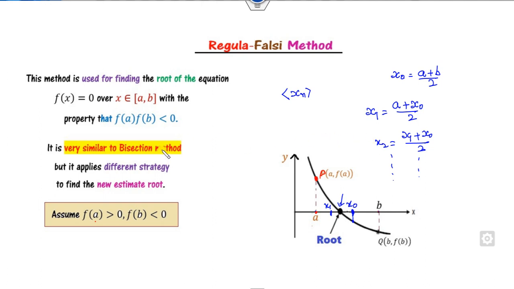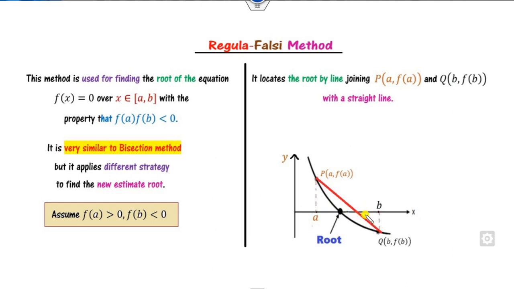While in the bisection method we take the midpoint, in the Regula Falsi method we join the points P and Q through a straight line. Then this point is called the new root. How can you find this new root?